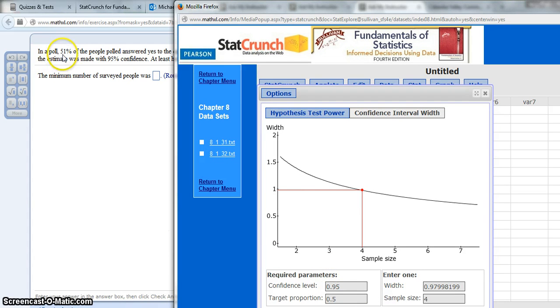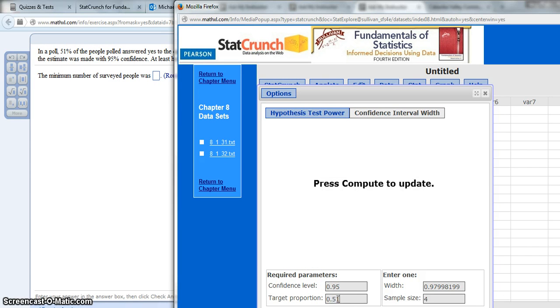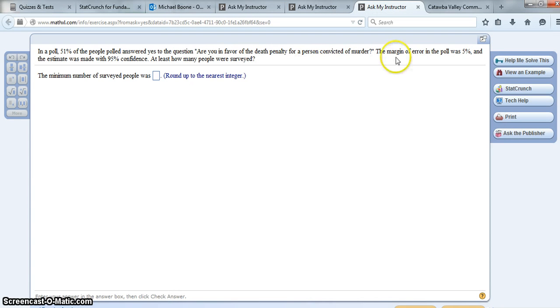In a poll, 51% of the people polled answered yes. So that is our target proportion, 51. Now, the width is tricky sometimes to find on this. The margin of error in the poll was 5%, so the margin of error is the plus or minus from that 51%.